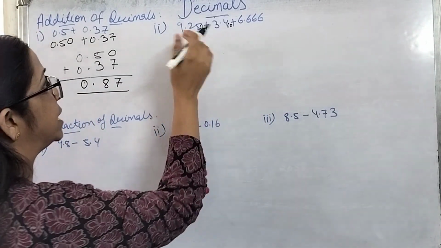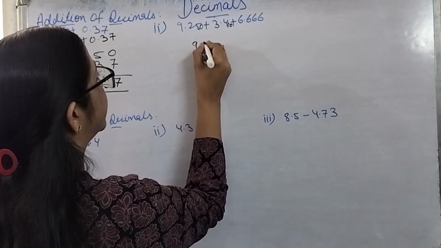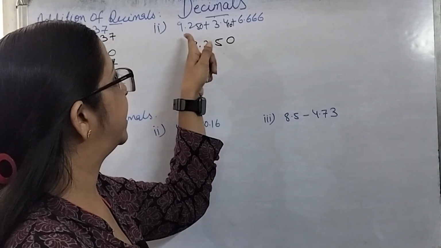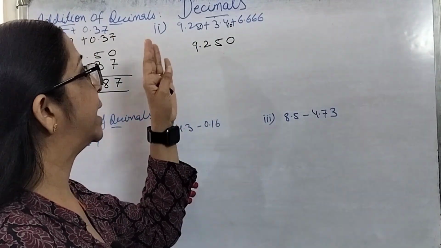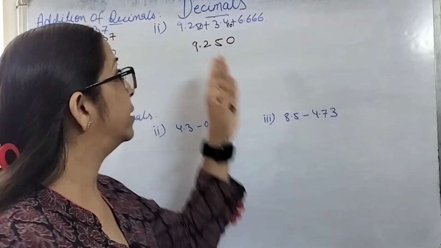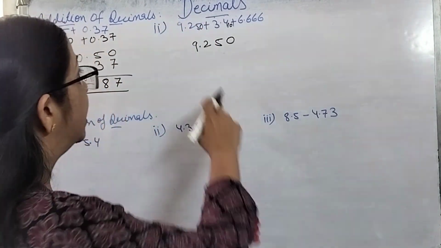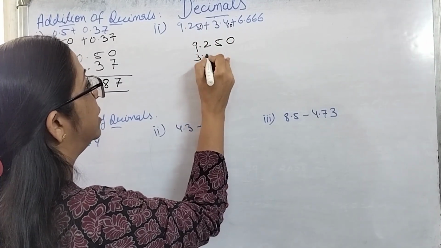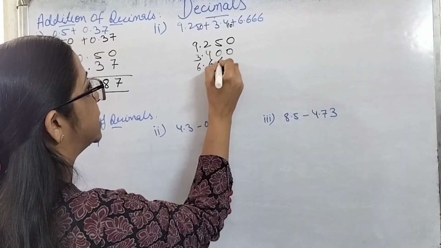Now we will arrange all the numbers in a vertical line, like 9.250. The decimal point of every number will be in a vertical line, and all the digits with the same place value will be one over the other. Here 3 is at the units place. This is your decimal. This is 400. This is 6.666.